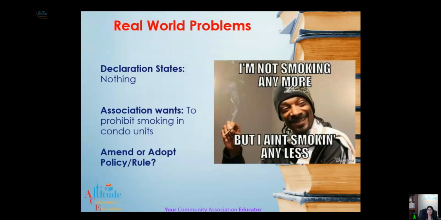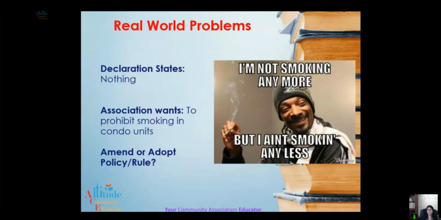When we talk about stuff you do inside your unit, especially like smoking, that's really going to be considered a use restriction. And you're not going to be able to prohibit homeowners from smoking inside their units, just like you're not going to be able to prohibit homeowners from using marijuana inside their units, by a rule. That's something that can only be in your declaration.